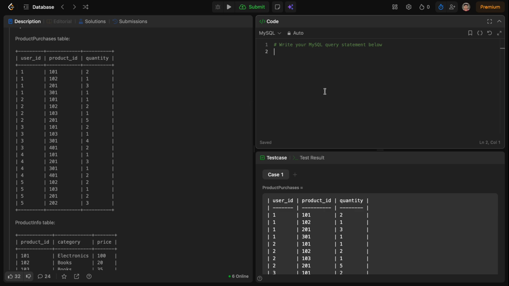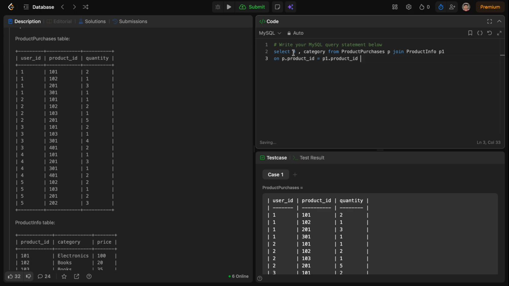Simple. Select P dot asterisk, since we want everything from the product purchases table, and category from the product info table, so P1 dot category. From product purchases aliased as P, join product info P1 on P dot product ID equal to P1 dot product ID.